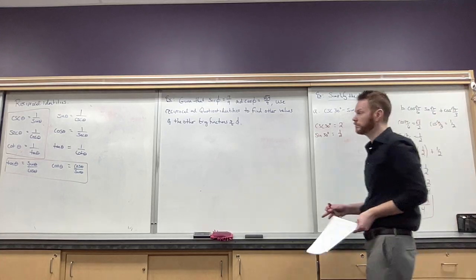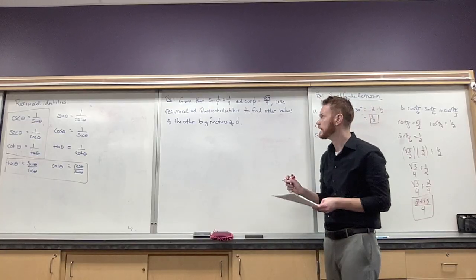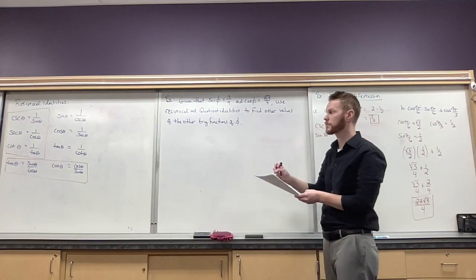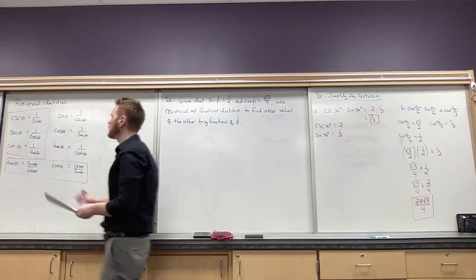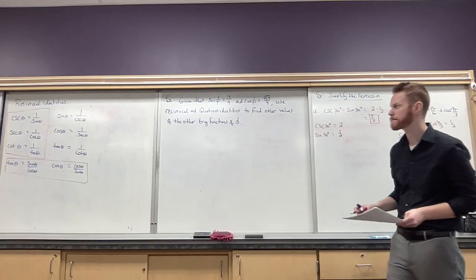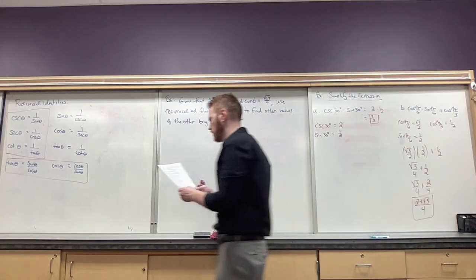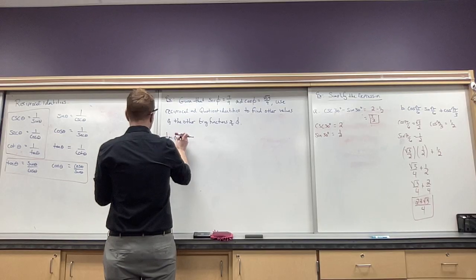Now, here's the deal. I could draw a triangle like I did at the very beginning, label the sides, and find everything else. But now that I know that this stuff is true, I can use that information to find those values faster. There's always more than one way to do trig, which is nice.